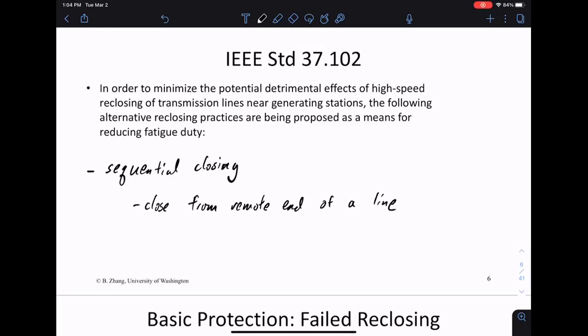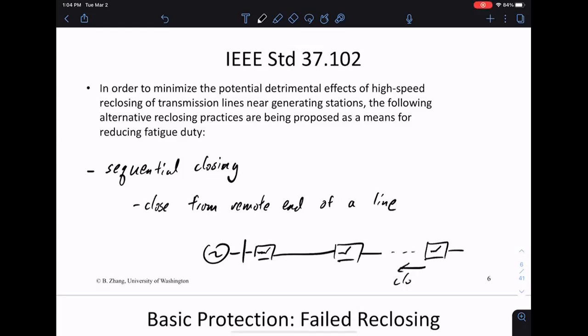Again, if we have a generator and you have a bunch of breakers on the line, then you close from this direction. Then you close from the far end of the line, right?